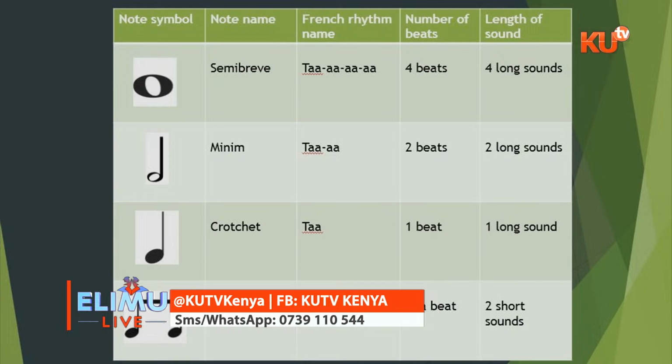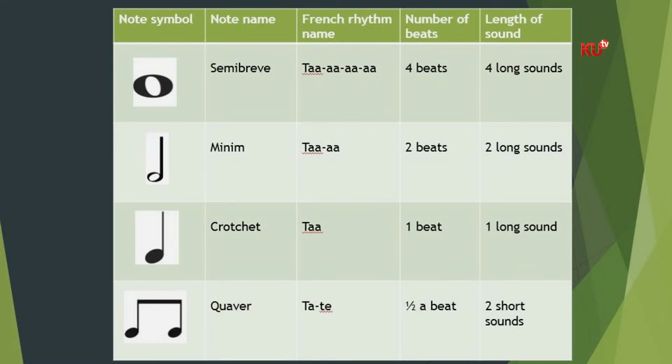For the first one, semi-breve, its French rhythm name is ta, a, a, a, which indicates the number of beats. It has 4 beats and 4 long sounds. The minim, which is called ta, a, has 2 beats and 2 long sounds.